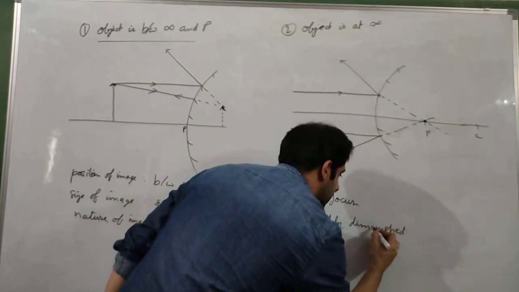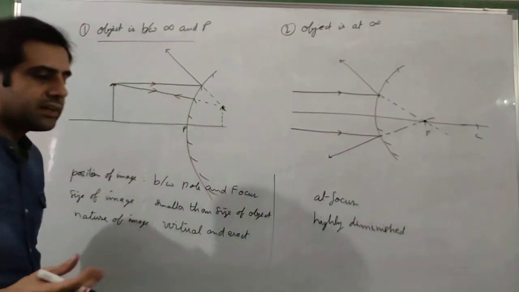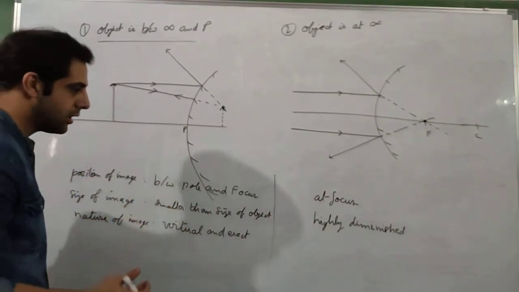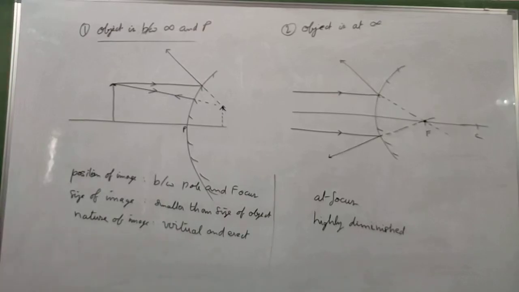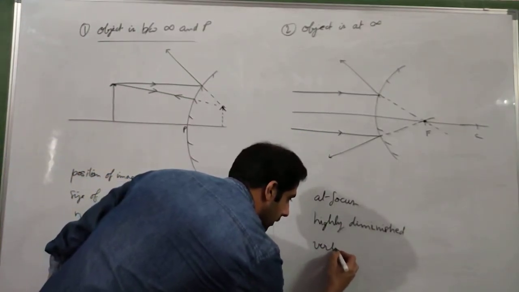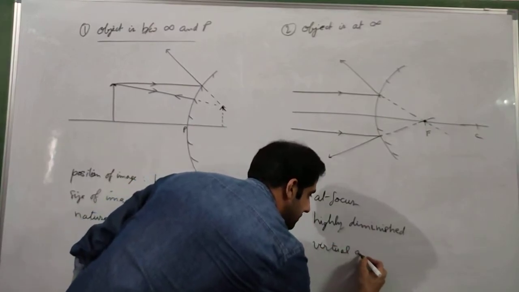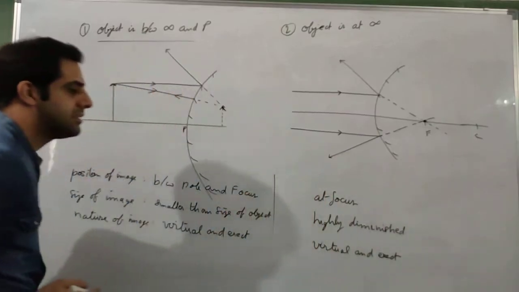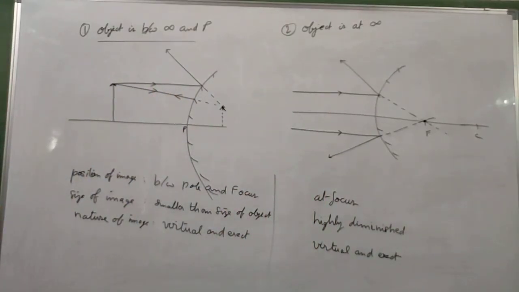You can also write point size, but highly diminished sounds good. It sounds like you know things. Nature of image, again the same thing: virtual and erect. So these are the two cases that we study in case of convex mirror.